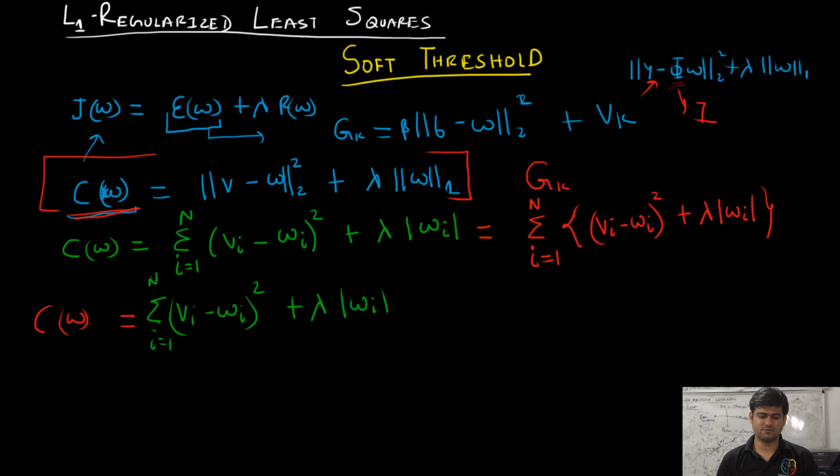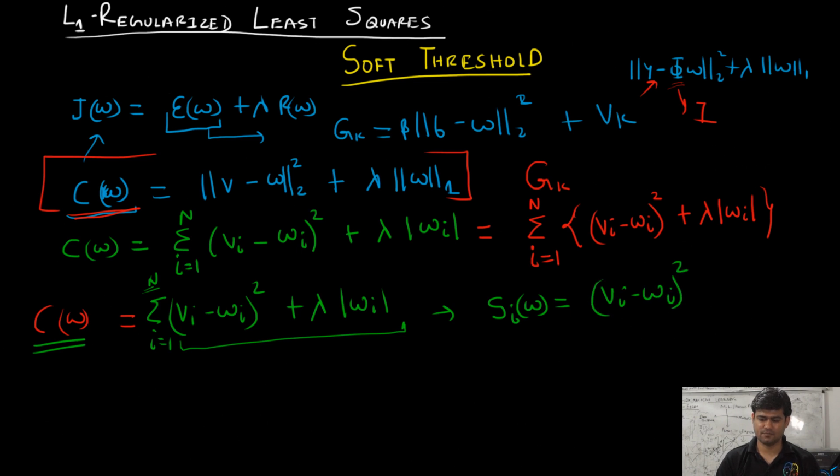Since each of the individual components is decoupled, minimizing this loss function C of W is the same as minimizing the n different loss functions, where the loss function Si of W is equal to Vi minus Wi squared plus lambda times absolute value of Wi.